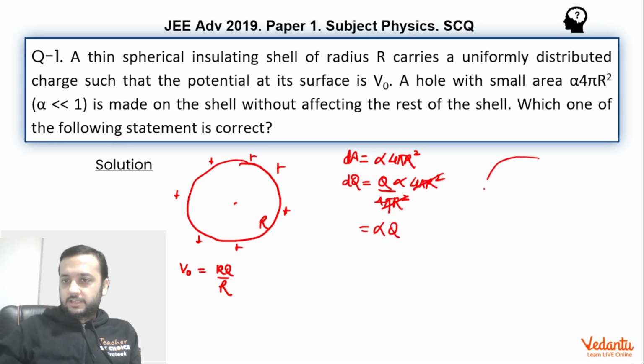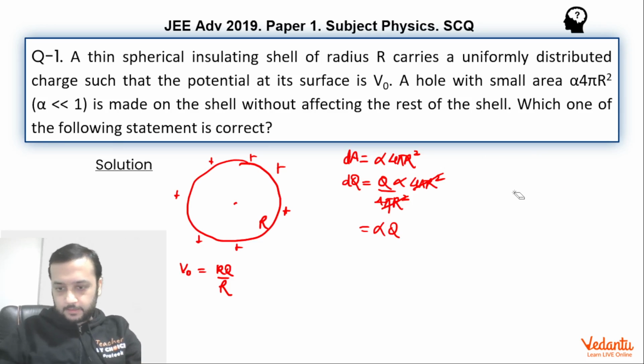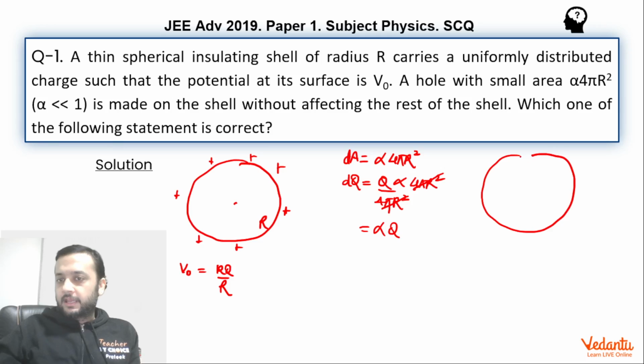So if you think carefully, what are we left with? We are left with this much shell, and a very small tiny part has been removed. Now, to do this question fast, can we think that actually the shell was still full and instead, let us say, a negative charge of this much value has been kept over here?